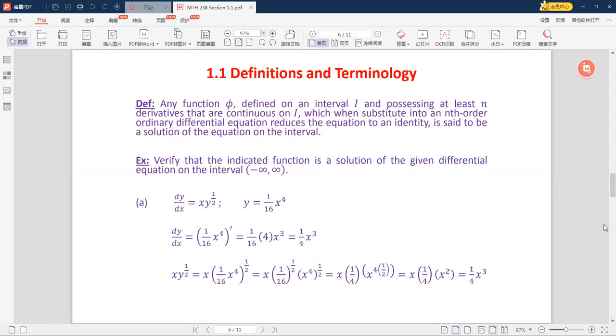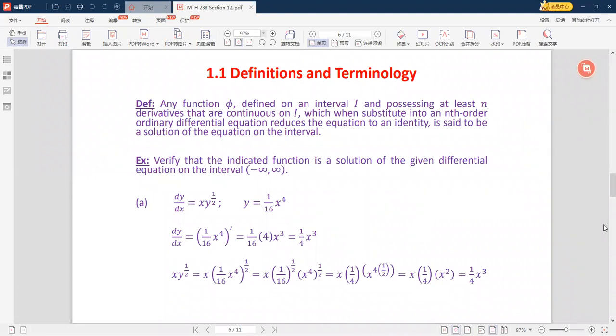The formal definition is the following: any function phi defined on the interval I and possessing at least n derivatives that are continuous on I. You don't have to focus on the wording here. In mathematics, we always express terms very strictly. That's why we have so many words in the definition.